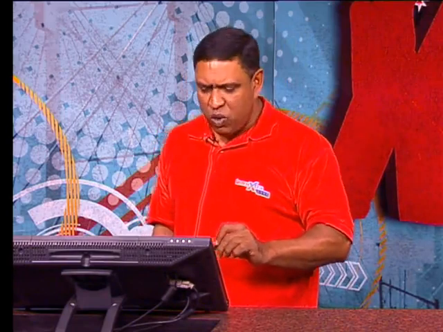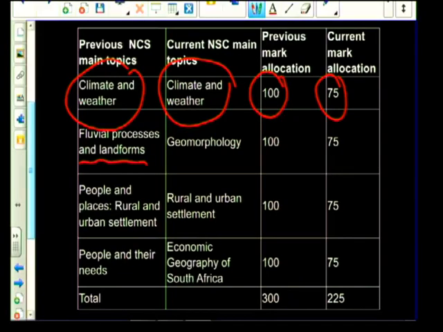In fact, the 75 marks work for all your questions. The next section was known as fluvial processes and landforms. Now, in the current NCS CAPS document, it's known as geomorphology.